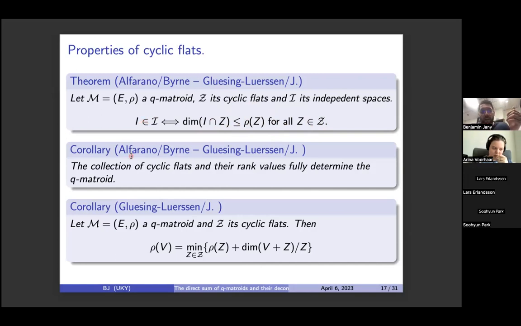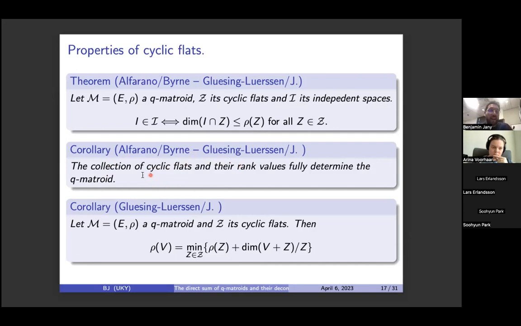But then, using the cryptomorphism of independent spaces that we saw at the beginning, we can immediately see that the collection of cyclic flats together with their rank values fully determines the q-matroid. So if we know the cyclic flats and their rank values, we know what the q-matroid is.